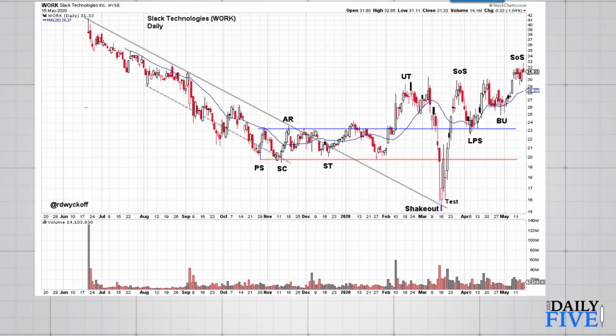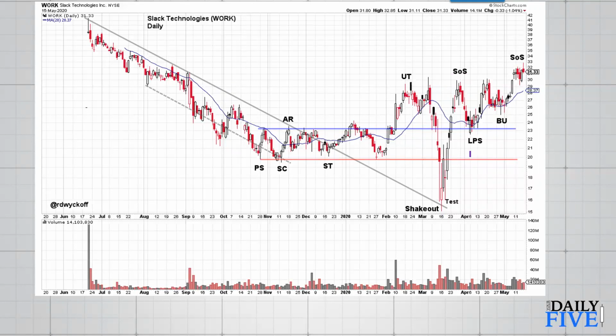This downtrend was broken at the end of 2019, and then on this COVID-19 scare into the March lows, it actually had a shakeout, which was a severe shakeout that went back down and touched the downtrending supply line one time and reversed off of that with a test and had an important rally into a sign of strength.